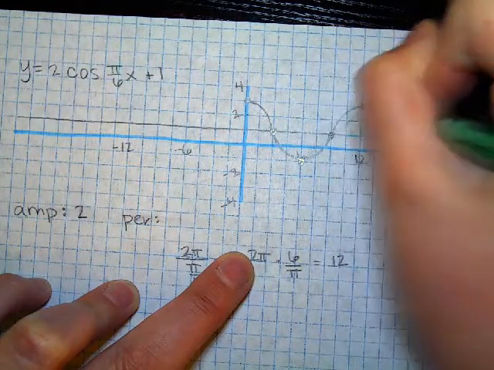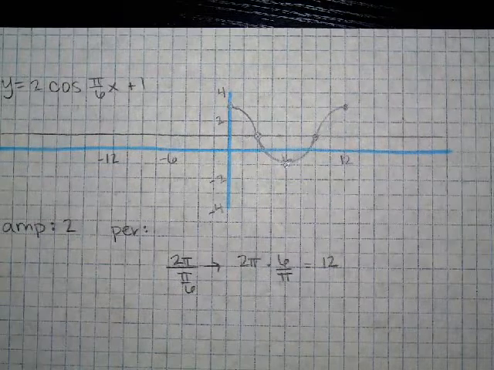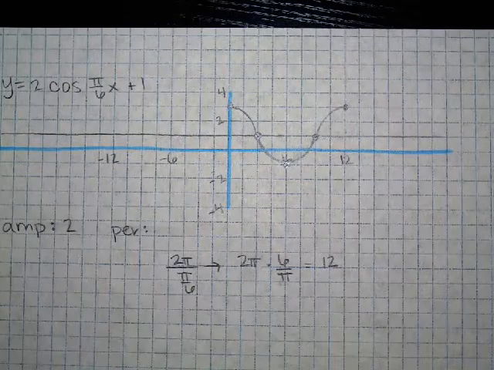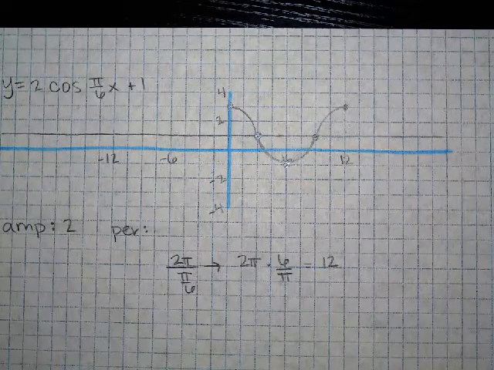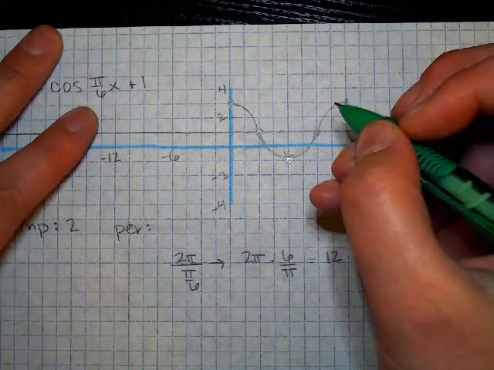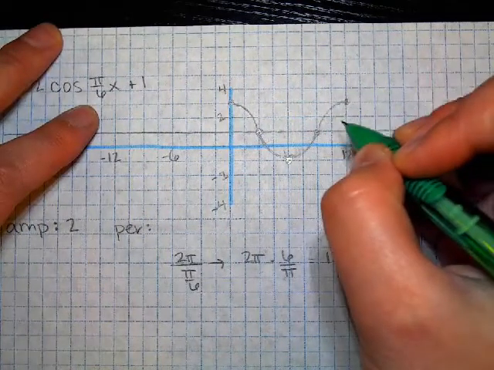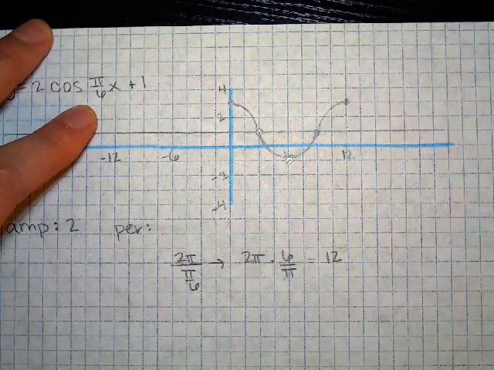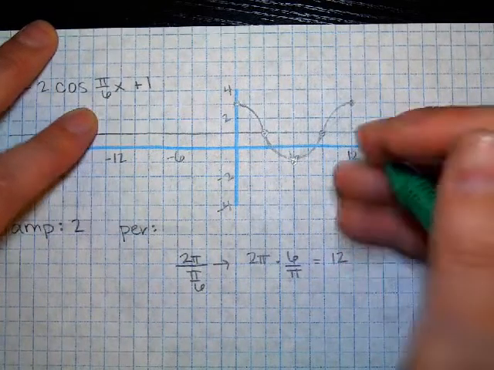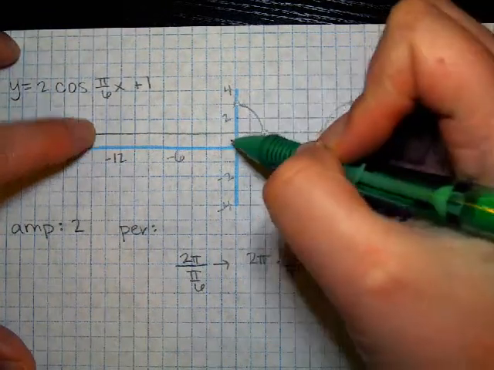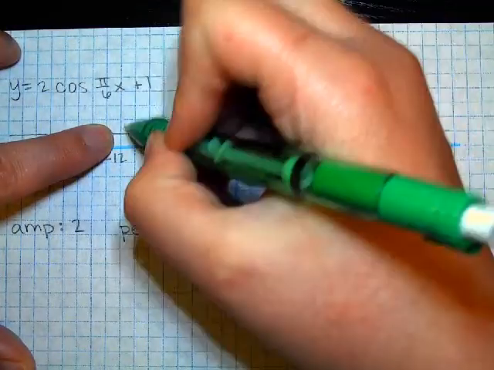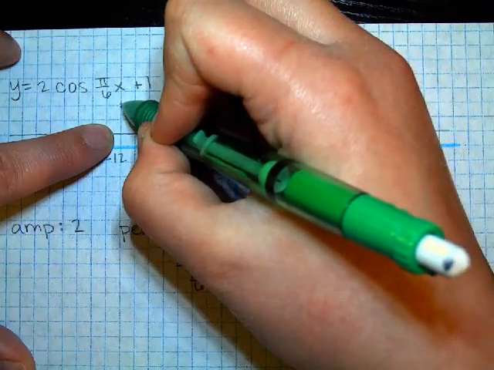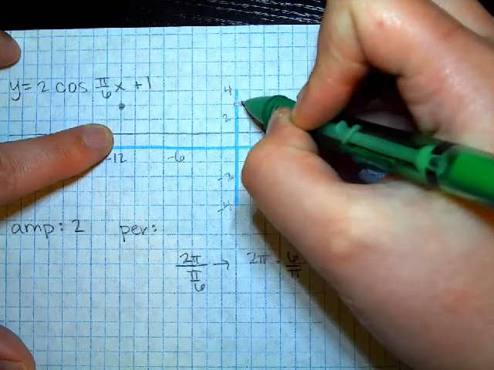Okay. And then what should we do? Do another one. Okay. Do you guys want to go to the right? To the left? To the left. All right. So we're going to start 2 above the middle and end 2 above the middle.